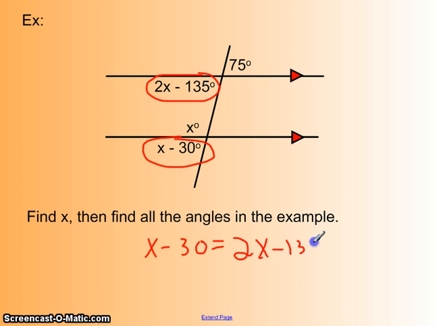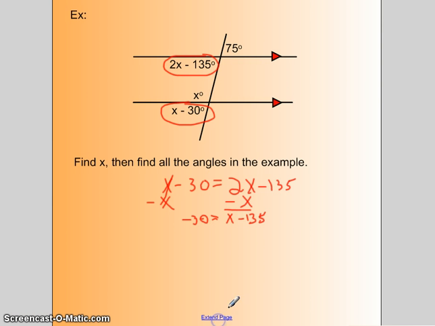So let's see, I need to take the x's on the same side, so I'm just going to subtract the x from this side. So the x's will cancel out here. I'm going to drop that negative 30. Make sure that you don't forget that negative sign there. That's a pretty common mistake. So we'll have x here, drop the minus 135, and change colors here and extend the page.